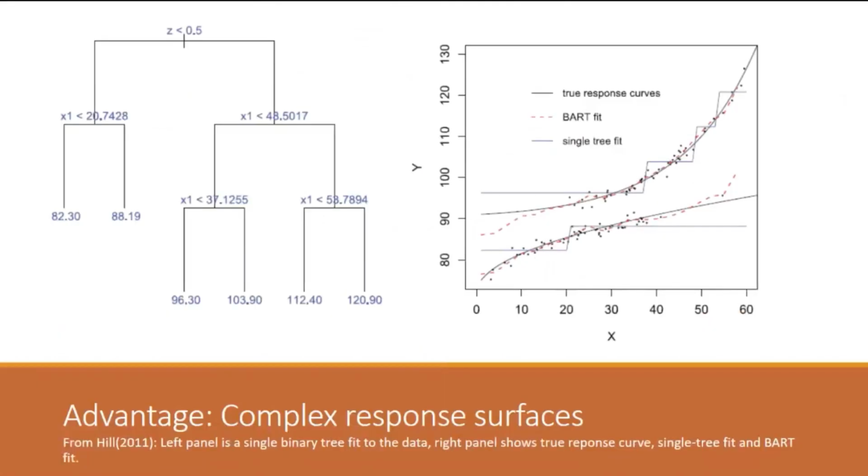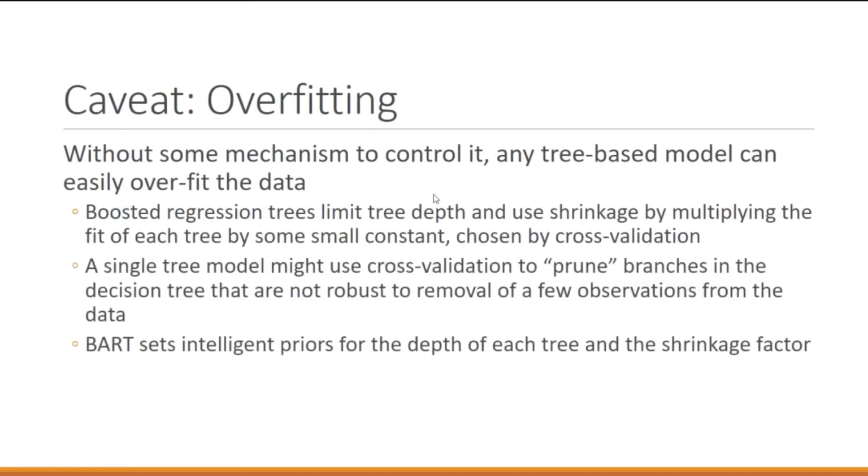And so ways that we can try and get around this are limiting the tree depth, right? So if we say we're going no more than 10 steps down, then you can't end up with each observation in its own cell. And then another approach is using shrinkage.